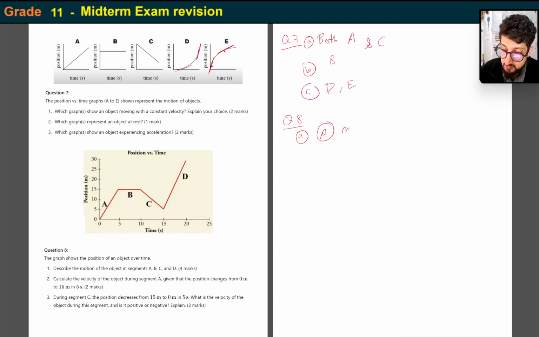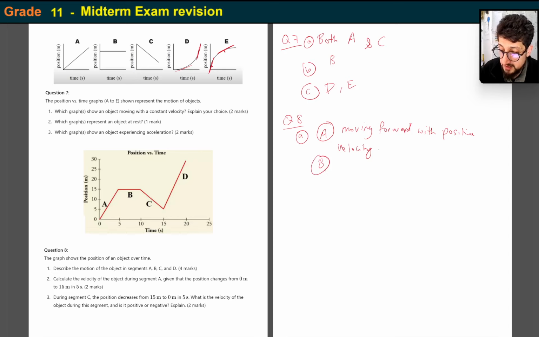So the first part A, it is moving forward with positive velocity. Did I say acceleration? I'm sorry, there's no acceleration, because the slope doesn't change. The gradient is the same. So it's moving forward with positive velocity.